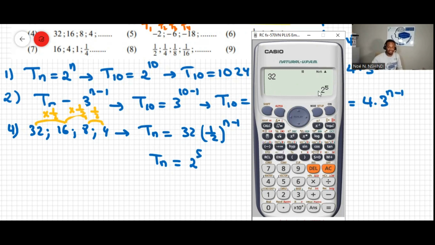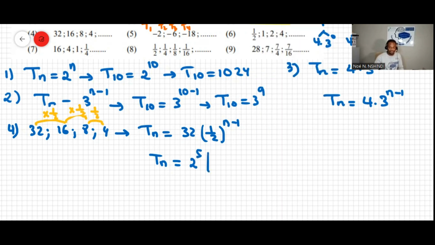It tells you it's 2 to the power 5. Now, a half can also be written as 2 to the power of -1, to the power of n minus 1. Now we can multiply these exponents. This makes Tn equal to 2 to the power 5, not 25, multiplied by 2 to the -n plus 1.